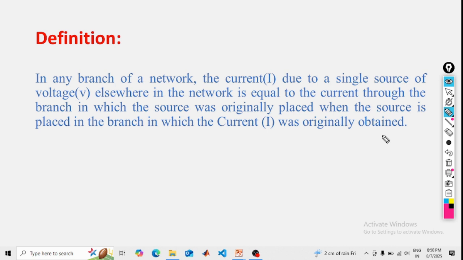I will explain the definition. If there is a source and you find the current across a particular branch, and you change the source to that particular side and find the current, both currents will be the same. It will be clear when we discuss an example.